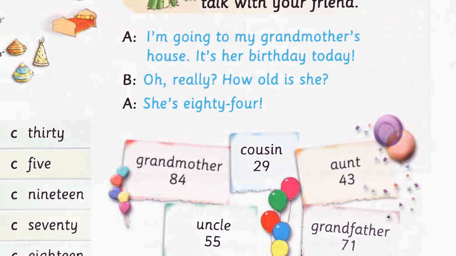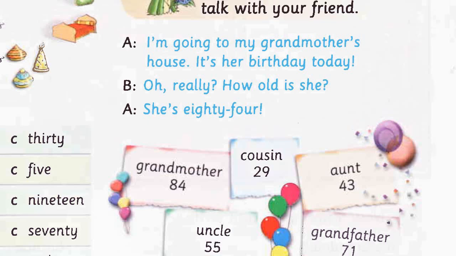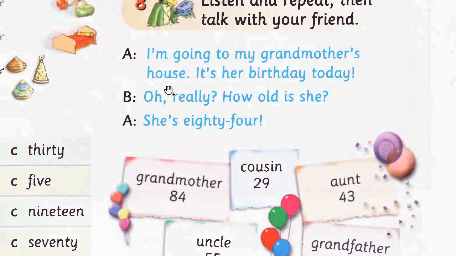Okay, go on. I'm going to my cousin's house. It's his birthday today. Let's say my cousin is a boy. It's his birthday today. Oh, really? How old is he? He is 29. Well done. Now, when you come to write, pay attention again.